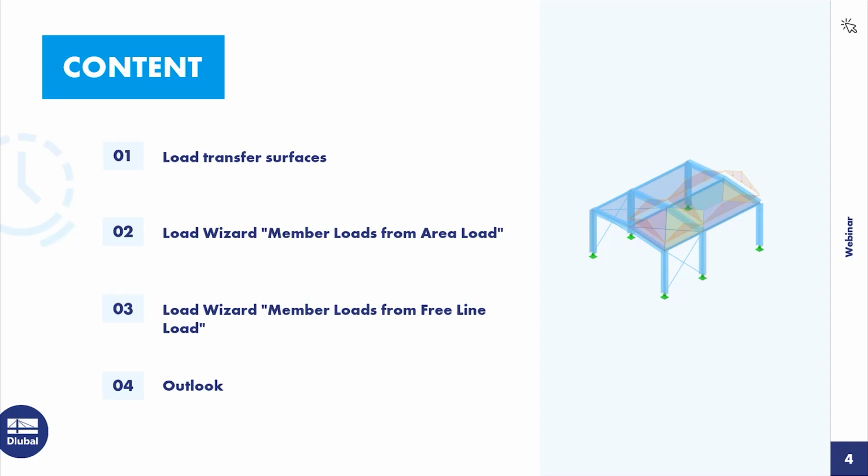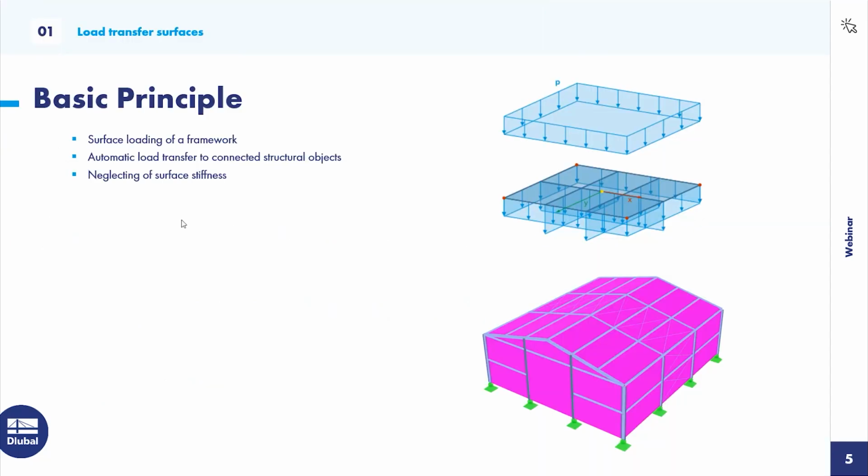Okay, with that, we can start with the first point, load transfer surfaces. Before we switch to Rfem 6, I have prepared one little page because I would like to give a small overview about the basic principle of load transfer and what is meant with that.